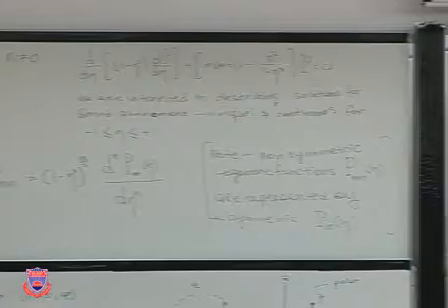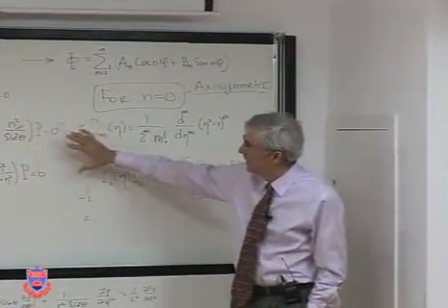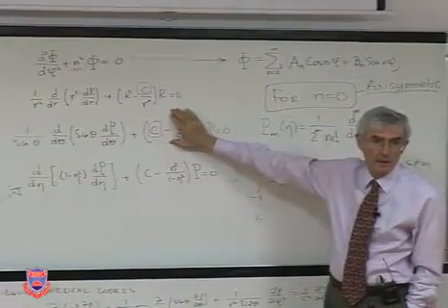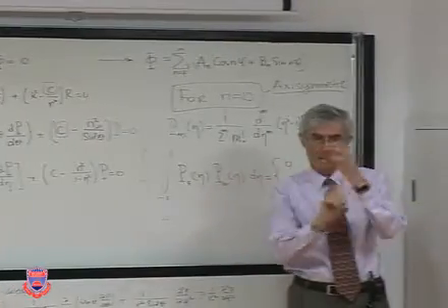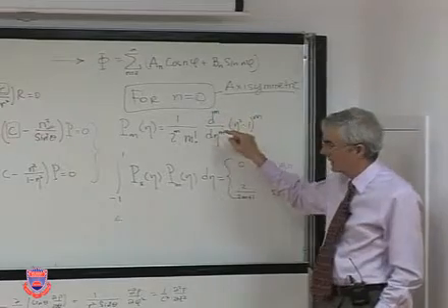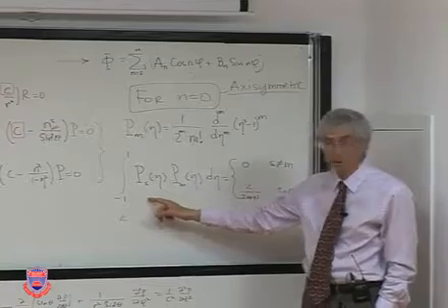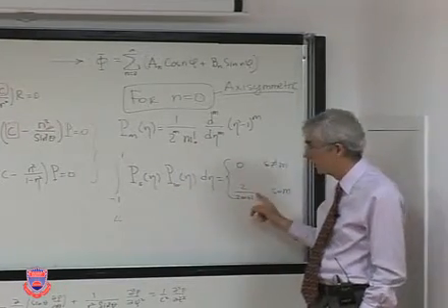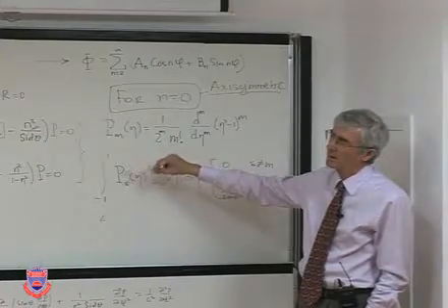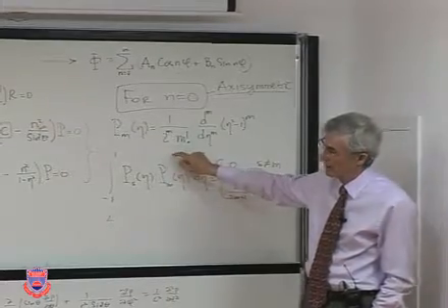Two things before the break. One is solutions for n equals 0, meaning z-axis, it's axisymmetric. We have this expression for the solutions, and I will go over this just very briefly, and its property for the axisymmetric solution in terms of orthogonality.